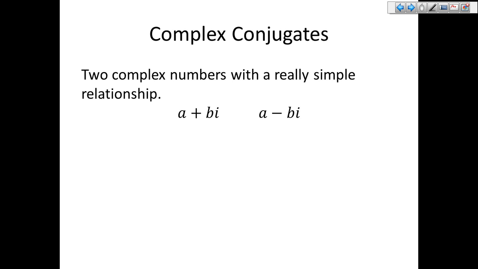So these two complex numbers, a plus bi and a minus bi, are complex conjugates. Whenever you talk about complex conjugates, you have to talk about the pair. You can't really say that this number is a complex conjugate. You have to say that the pair are complex conjugates.